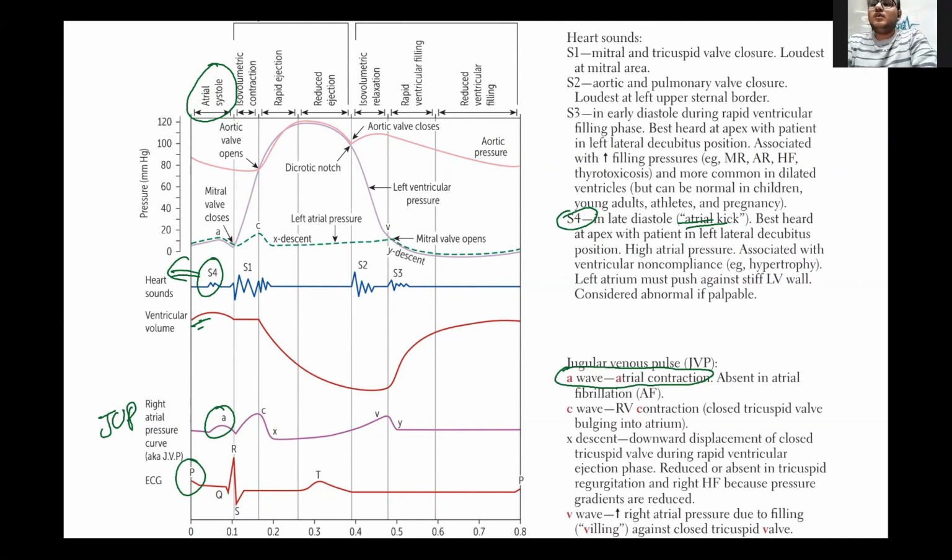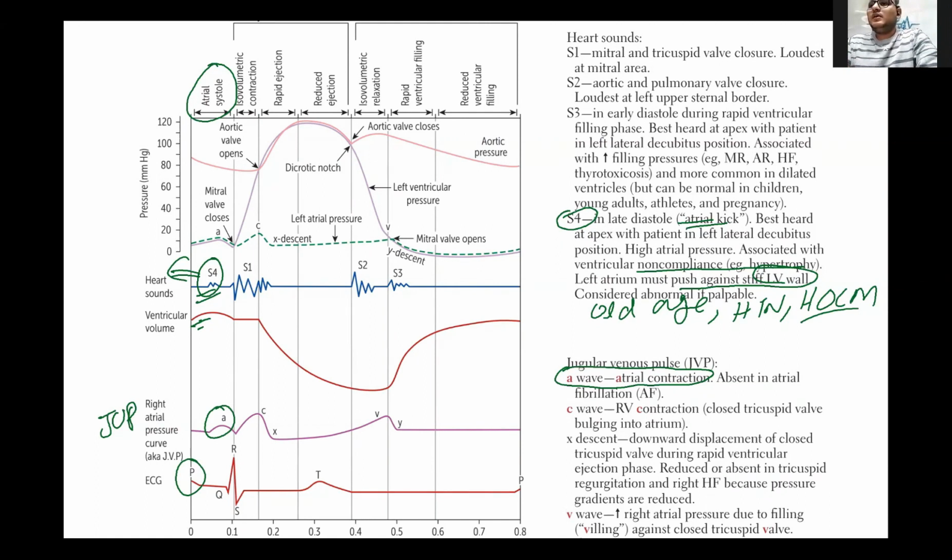Due to the stiffening, the left atrium has to put more pressure to pump blood from the left atrium to the left ventricle. So this produces a pathological S4. S4 happens in patients with ventricular hypertrophy, and it is associated with left ventricular hypertrophy. Also in old age patients, hypertension patients, and HOCM, hypertrophic cardiomyopathy.